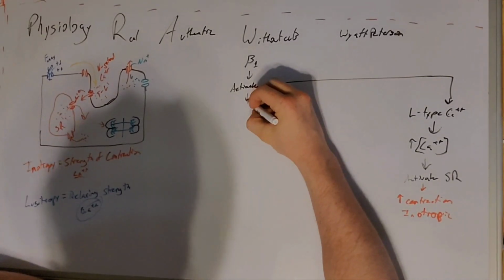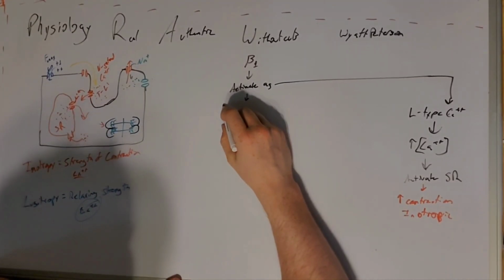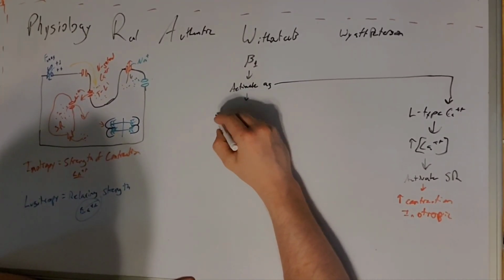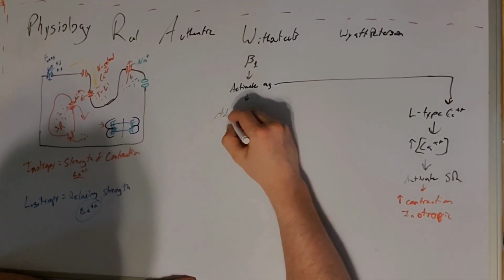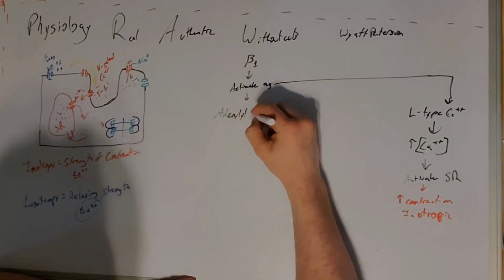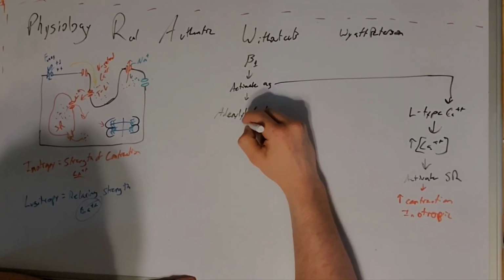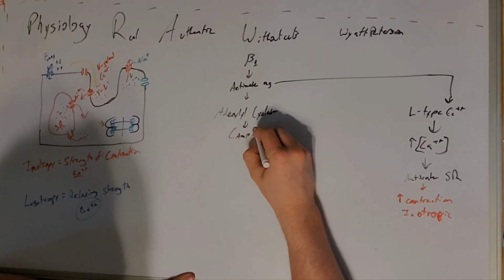Okay, so continuing on this way, the subunit A could also activate adenylyl cyclase, which makes cyclic AMP.